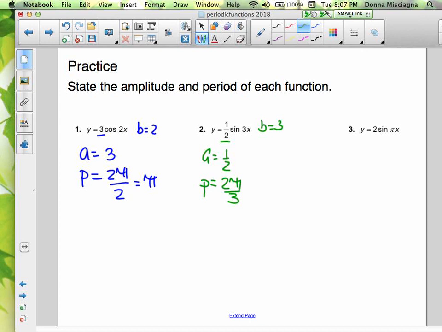So it's 2 pi thirds. That sounds like one we already had. And finally, amplitude right in front is 2. And the period is 2 pi divided by b. Our b is pi here. So our period is 2. The amplitude and period are both 2.